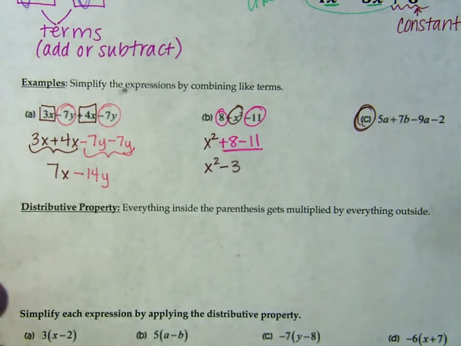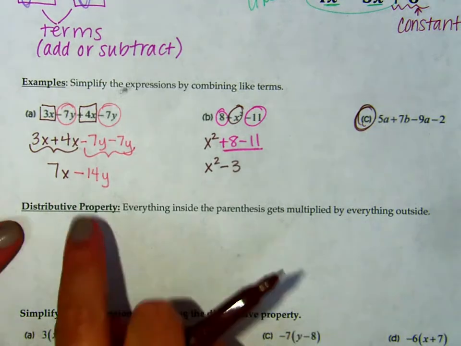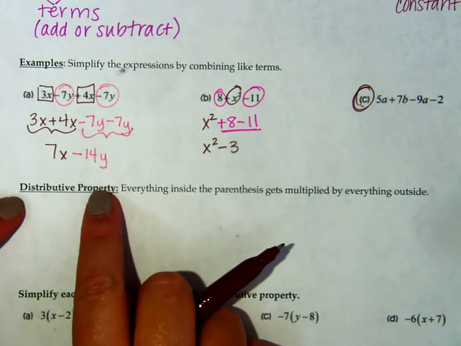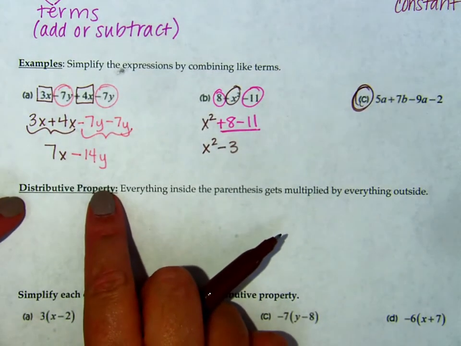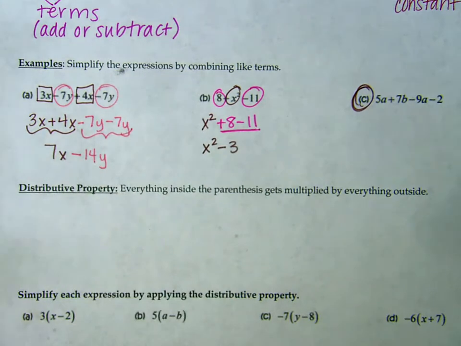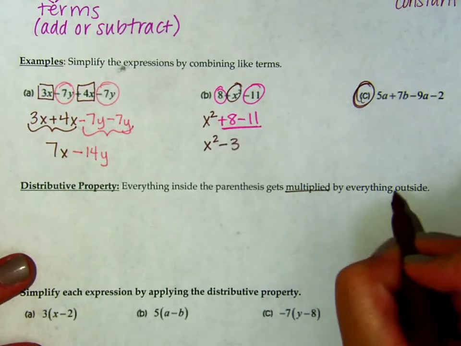The distributive property. I know that you used this as a vocabulary term, so I wanted to touch base with you on what it means and how we use it. I know it'll be a review, so it should be pretty easy. The distributive property is where everything inside the parentheses gets multiplied by everything outside the parentheses.